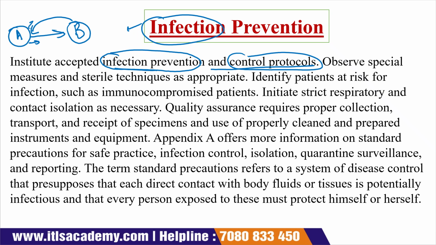And if it has spread, then we have a protocol for controlling that particular type of infection. Observe special measures and sterile technique as appropriate. So for preventing or controlling the infection, we have to follow special measures, and we have to follow sterile techniques.